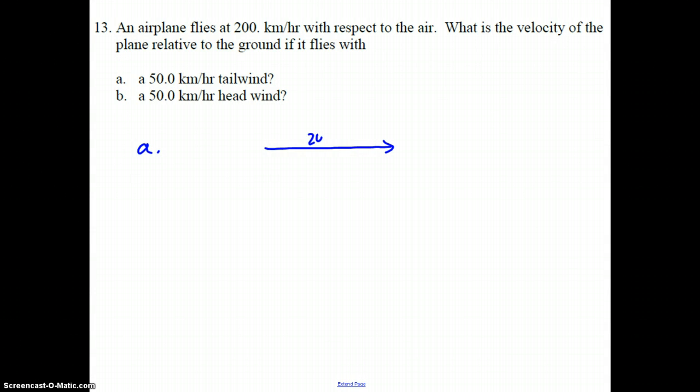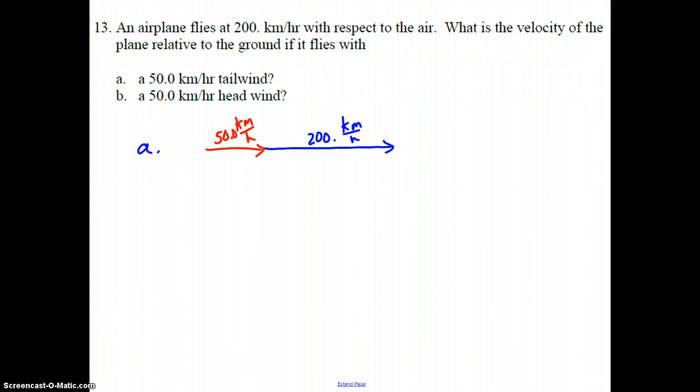Suppose this is the 200 kilometers per hour, and the plane experiences a 50 kilometer per hour tailwind. That means the wind is traveling in the same direction as the plane, or in other words, pushing on its tail.